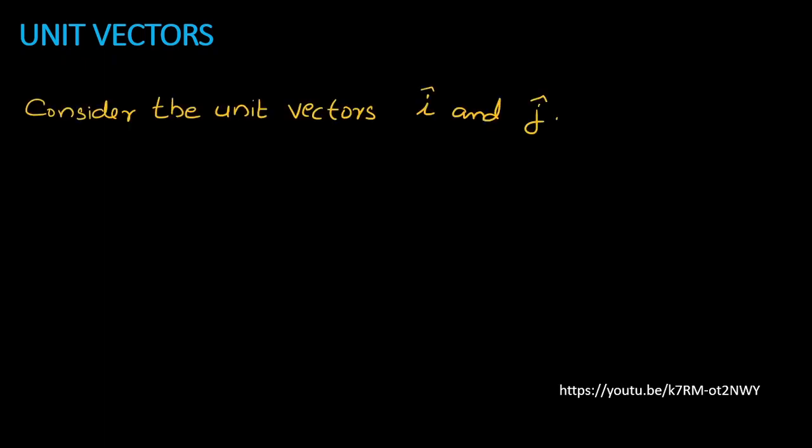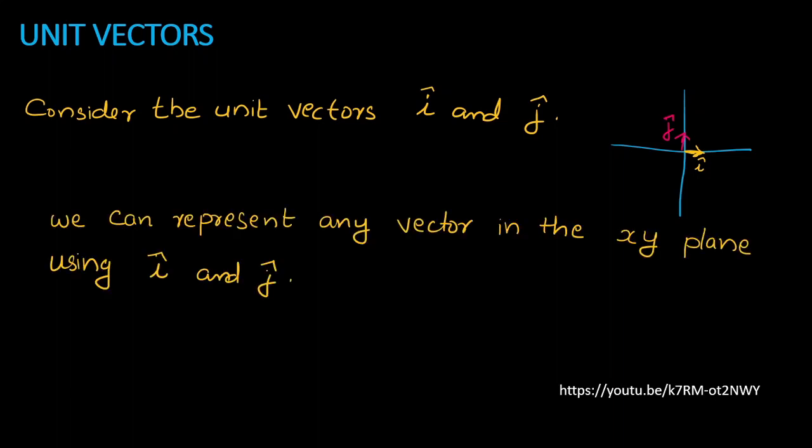Now we can start with the unit vectors. What are unit vectors? The magnitude of the vectors is 1. That kind of vectors are called unit vectors, and consider the unit vectors i and j on the xy plane. So i is the vector on the x-axis and j is the vector on the y-axis. We can represent any vector in the xy plane using i and j. That means we can represent any vector as a linear combination of i and j.